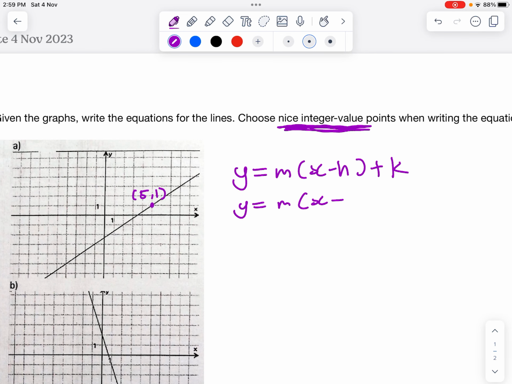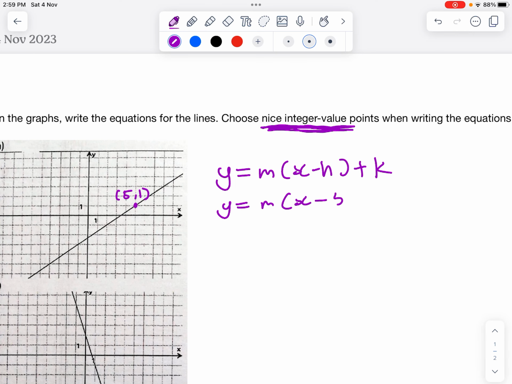It's x minus 5, plus 1. Remember, like we said before, don't be confused with the negative sign here. We know that h is 5, so it still has to be a negative number. Whenever you see the h and k, people tend to get confused with the h. So remember, it's minus 5, even though the point is 5, 1.